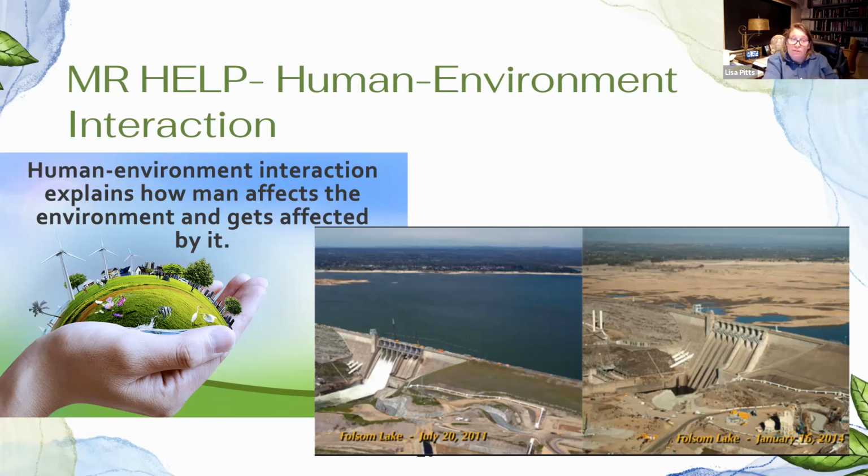But because we're able to import that water, we can do that. And so a lot of times we look at the ethics involved with prioritizing the environment over human needs, or human needs over the environment. And so we'll be talking a lot about the human environment interaction throughout this course.